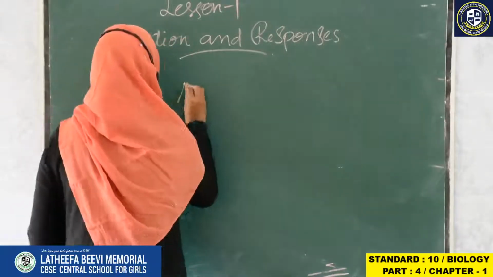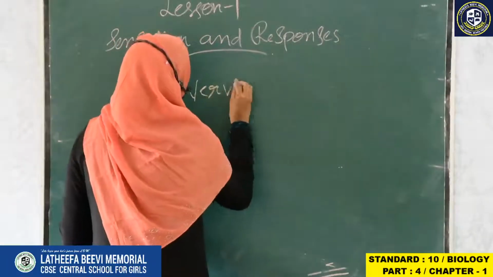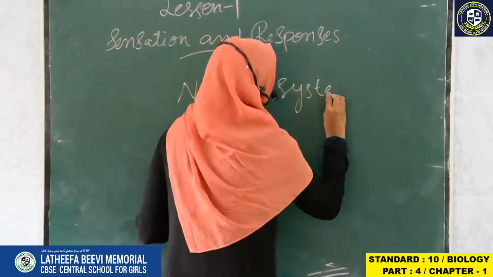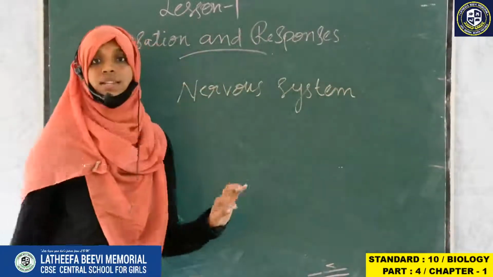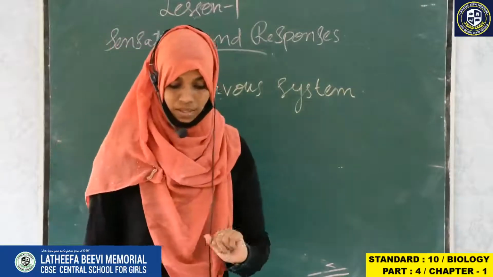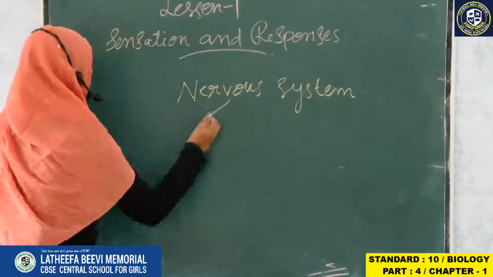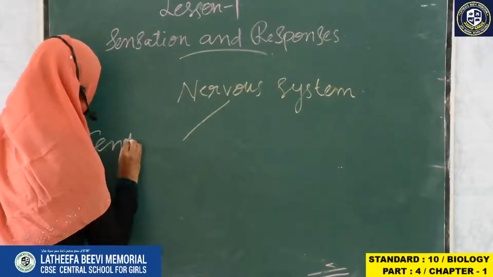So the nervous system consists of the central nervous system and the peripheral nervous system.